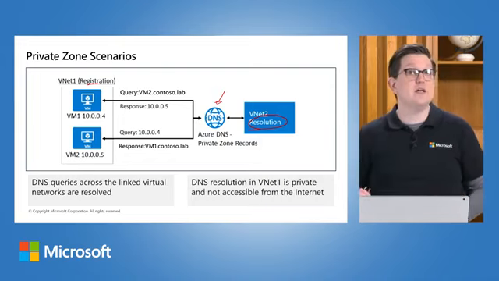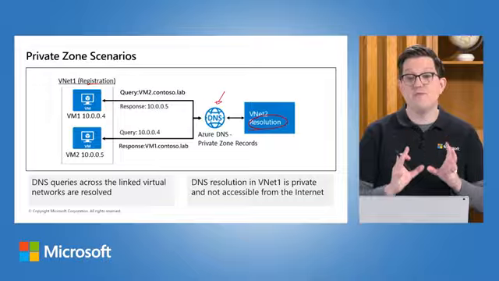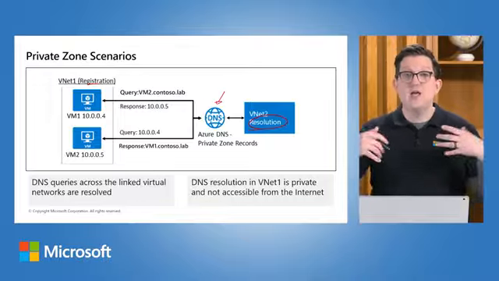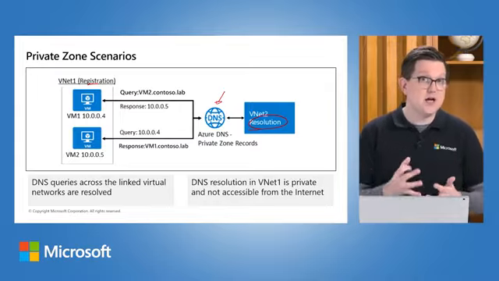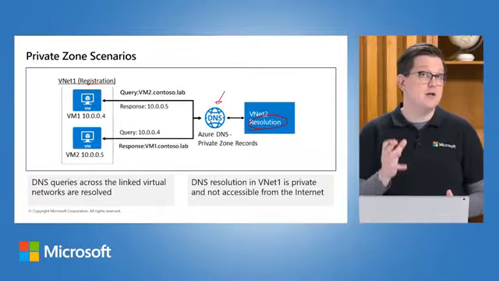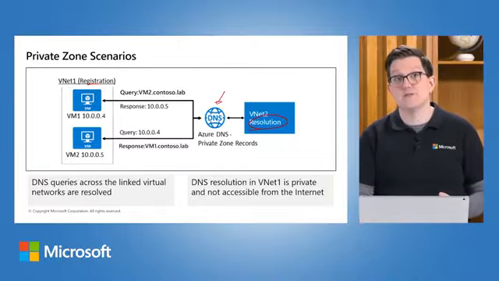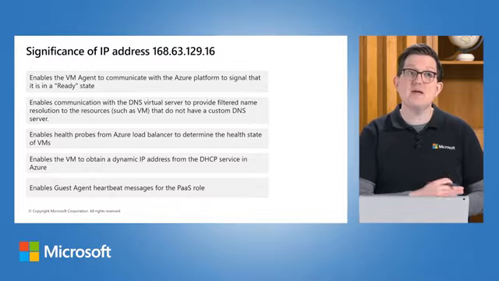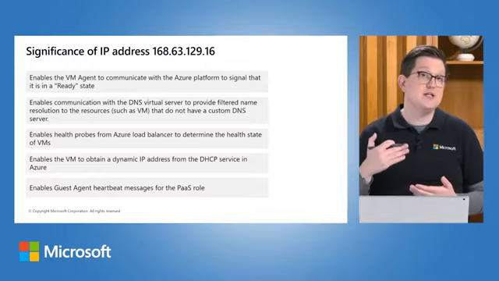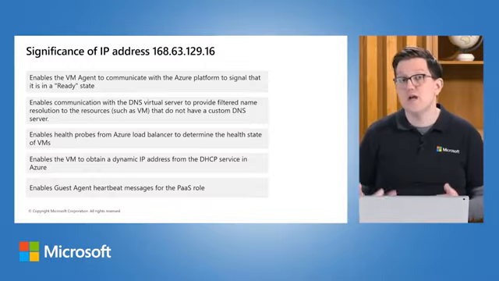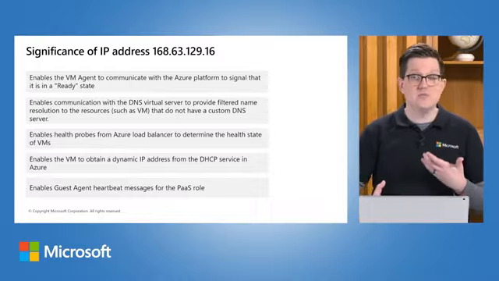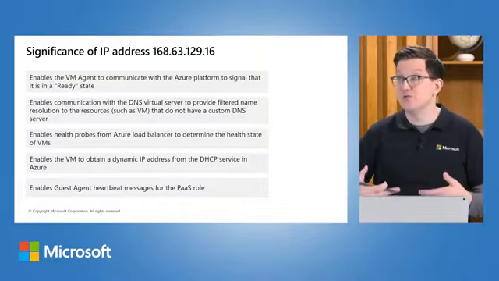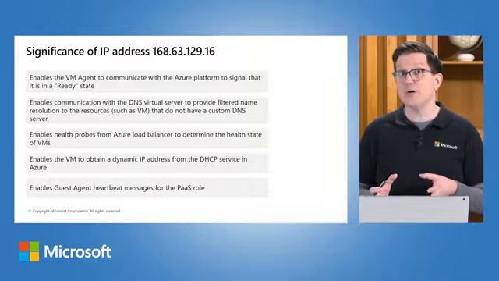Now there is one big thing to remember around this type of registration and resolution. It works in Azure and is designed for Azure. Now there's a big reason that this happens. This IP address, 168.63.129.16, is a special IP that we use to be able to pass metadata down through to resources in an Azure virtual network.